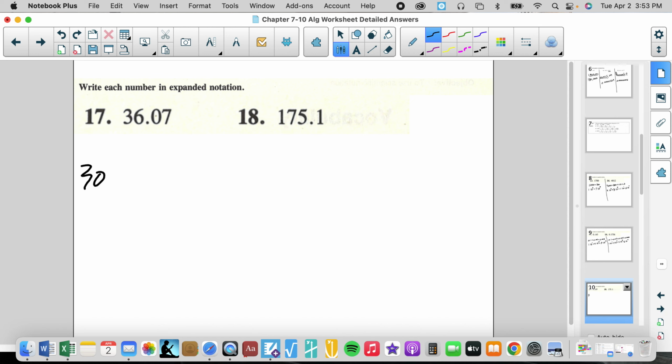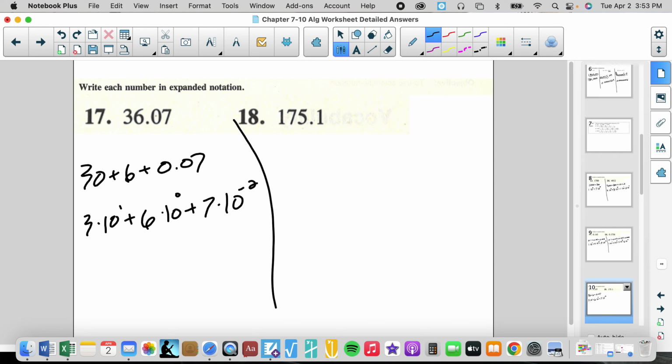So this is 30 plus 6 plus 0.07. So this is 3 times 10 to the second. No, 3 times 10 to the 1 plus 6 times 10 to the 0 plus 7 times 10 to the negative 2. 100 plus 70 plus 5 plus 0.1.